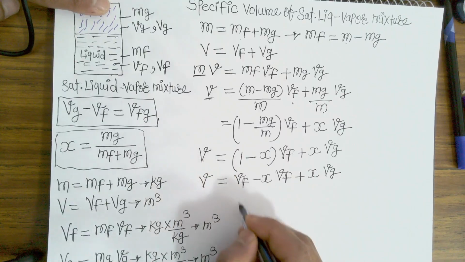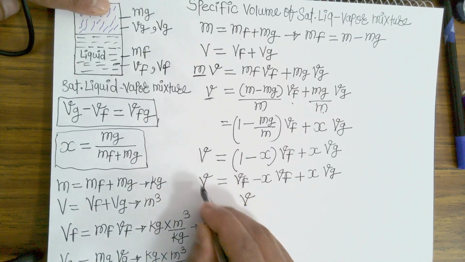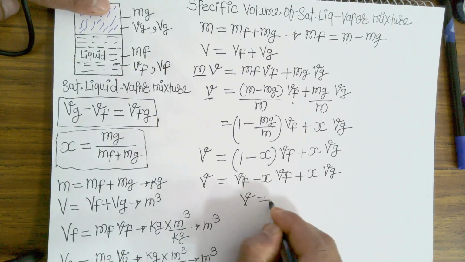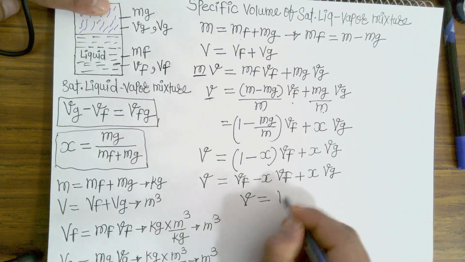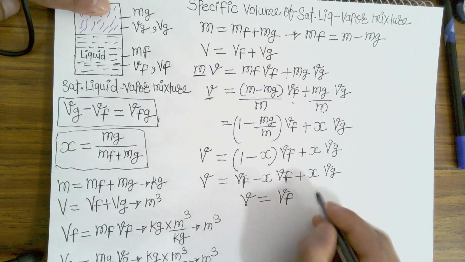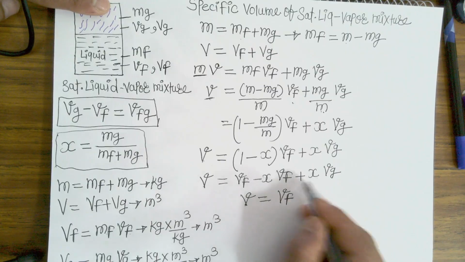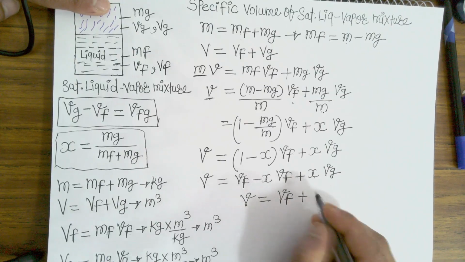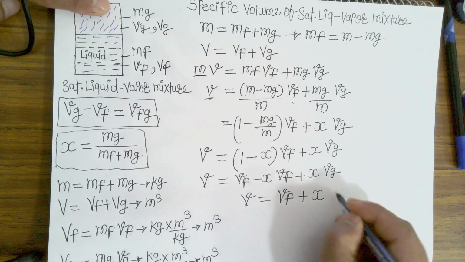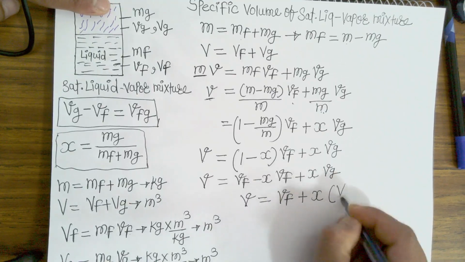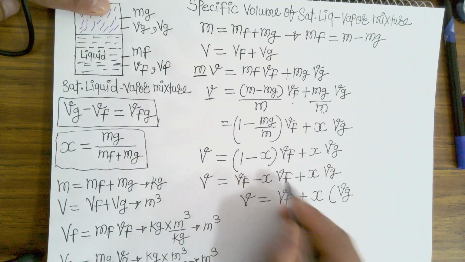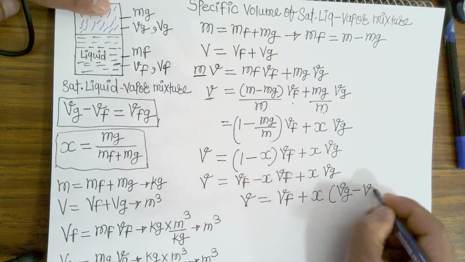So the specific volume of this mixture is equal to Vf. If I take positive x as common, I can write this Vg minus Vf.